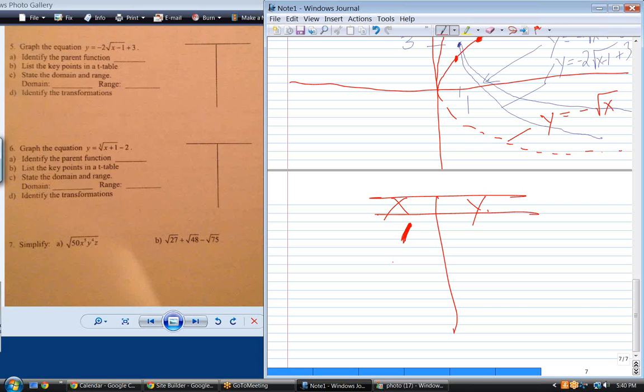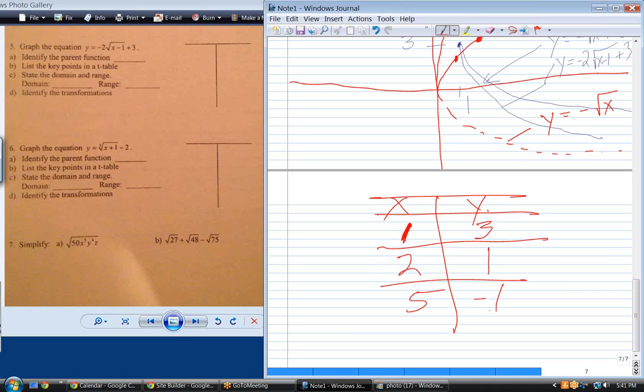What is y when x is equal to 1? It's going to be 3. What's another key point? 2. Okay, when x is 2, y is equal to what? 1. Okay. And I would say the last key point would be x equal 5, because then y would be -1.